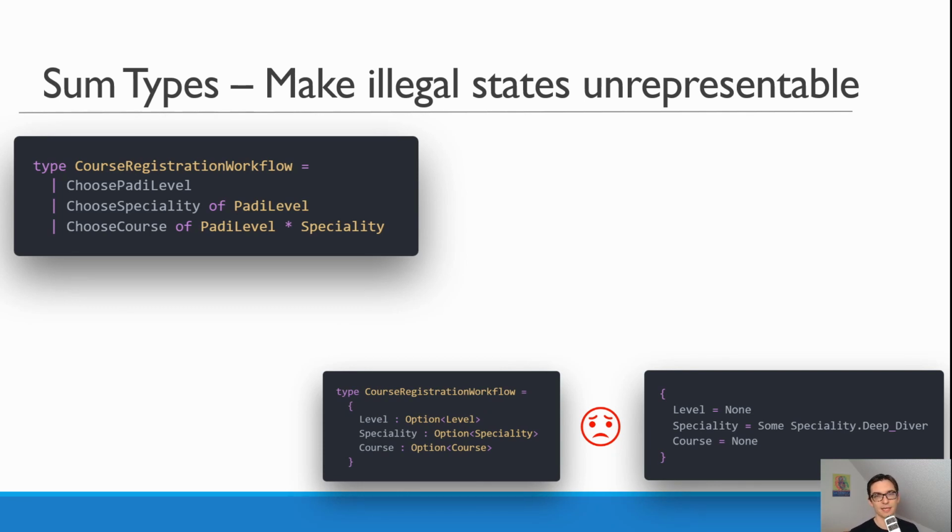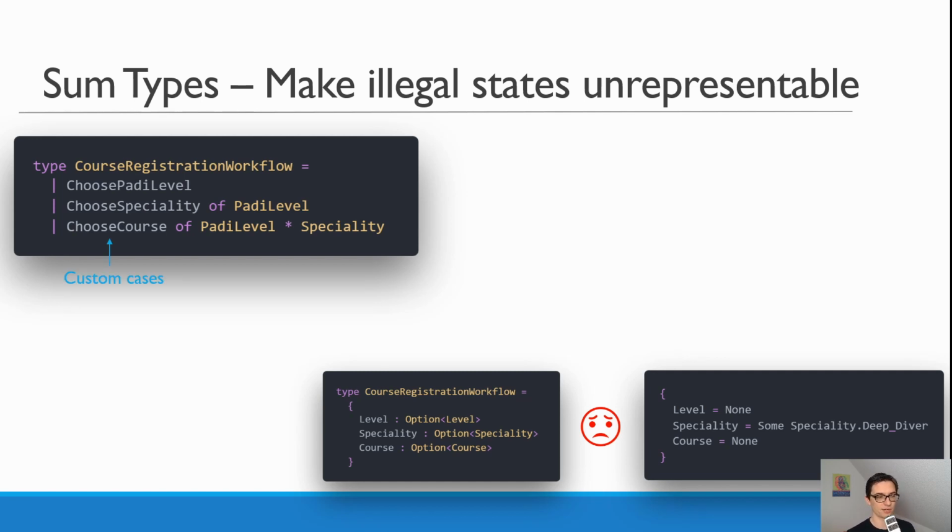And this one has actually three instances, or three possible ways to create this. The first one is the choose party level. The second one is the choose specialty. But when we actually call this, we need to provide a party level to it. And in the last case, we use a choose course, but there we actually need to provide a party level and a specialty to it.